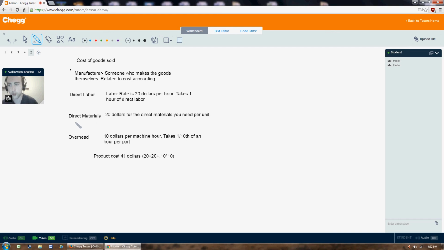Overhead used to be a bunch of tiny costs that people didn't want to bother separately accounting for.